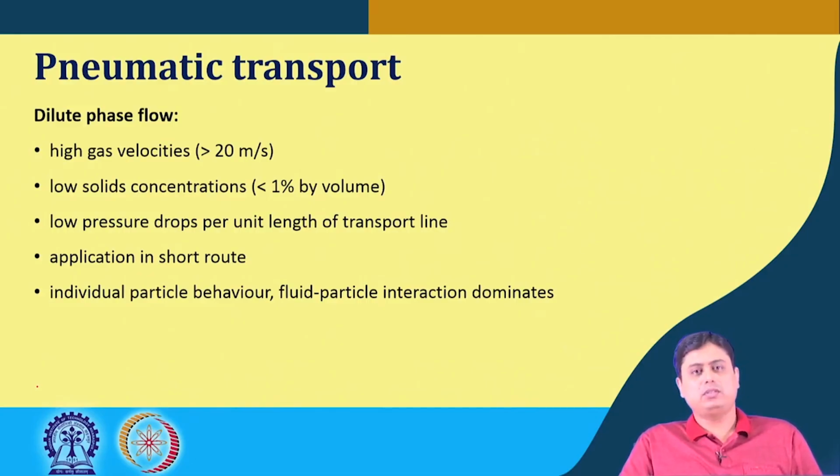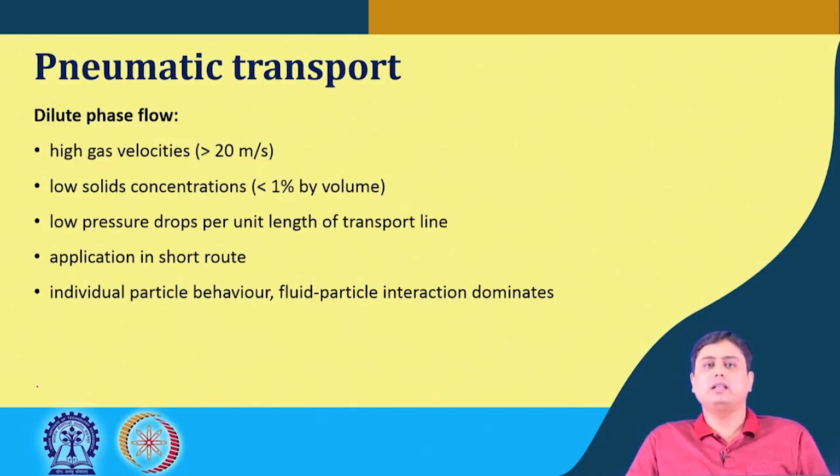Dilute phase flow can immediately be detected if there is a very high gas velocity, say above 20 meter per second, and low solid concentrations, say below 1% by volume, as well as low pressure drop per unit length in the transport line. If we have these conditions, we can detect that dilute phase transport is happening.